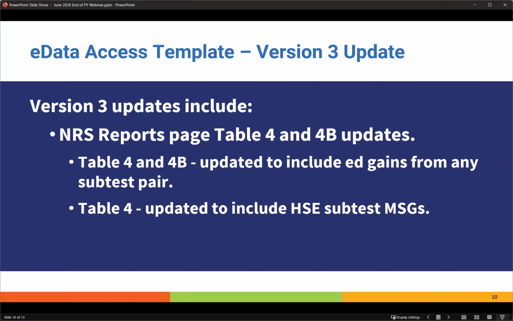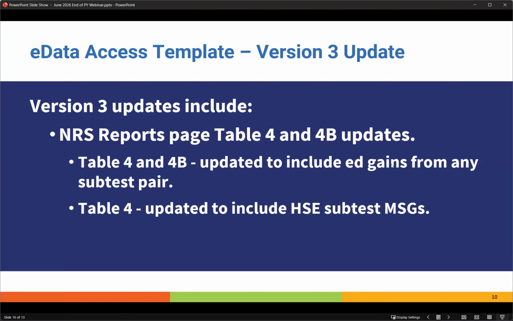So we're not double counting the adults, and those totals should be reflected in the percentages so you can calculate the different percentages at the various EFL levels that now include the HSE subtests. So that's on the table 4.